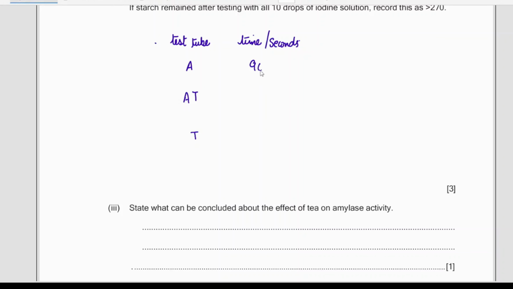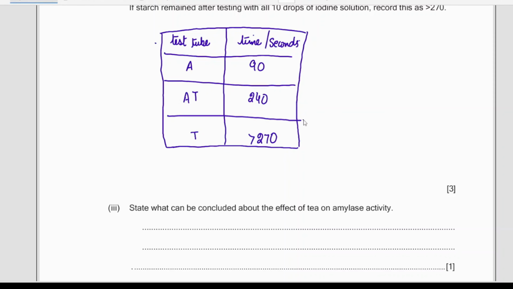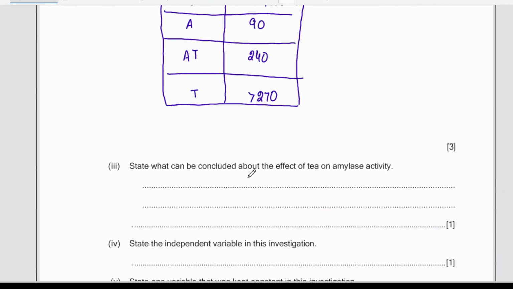A is 90, AT is 240, and T is more than 270. Right? Okay. We'll discuss the paper later that was given as a mock exam because you guys have made lots of mistakes. Okay, what can be concluded after the effect of T on amylase activity?